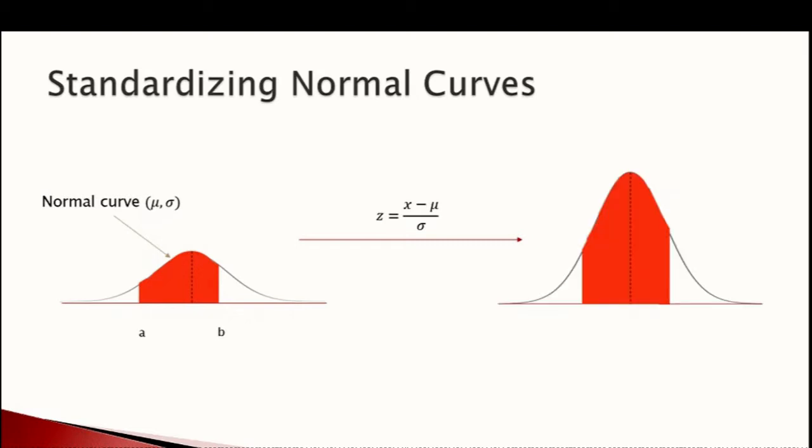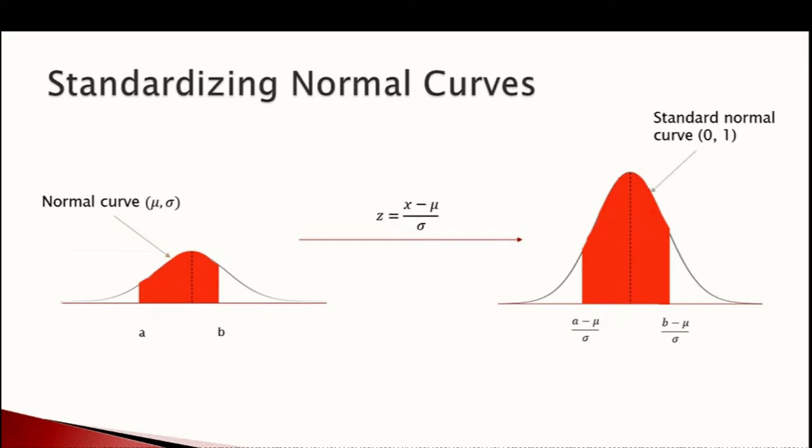Now I have the standard normal curve. The two values a and b now change to a minus mu over sigma, just substituting the value where x was, and b becomes b minus mu over sigma.